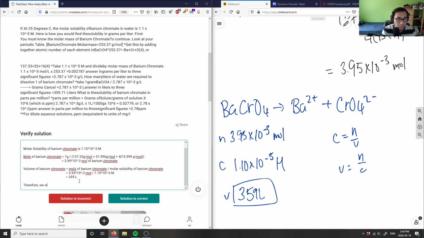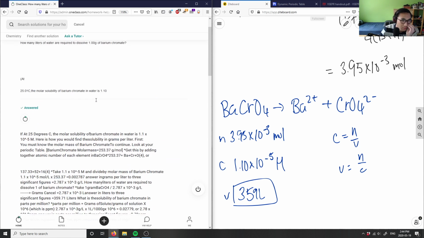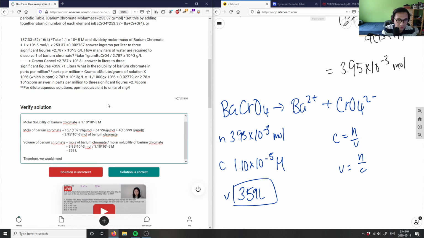Therefore, we would need 359 liters of water to dissolve 1 gram of barium chromate. So it's a solution that's correct, but they had it really poorly outlined here.